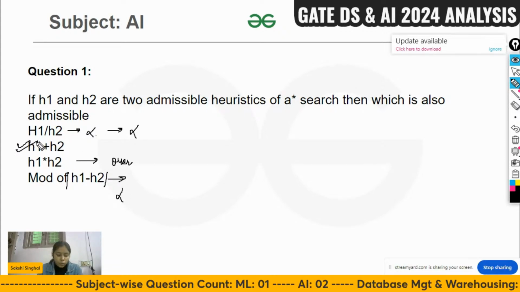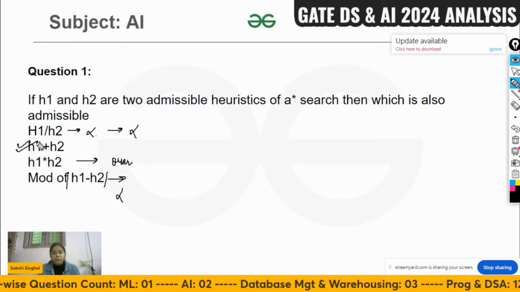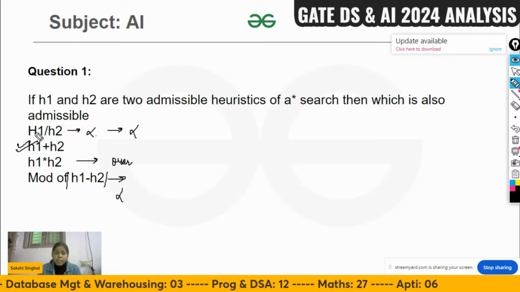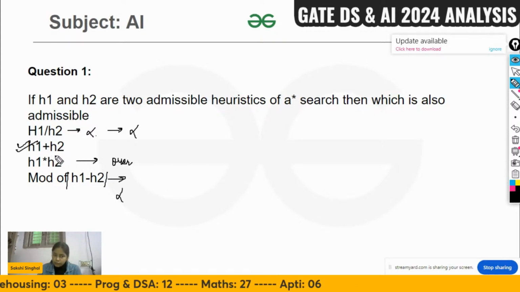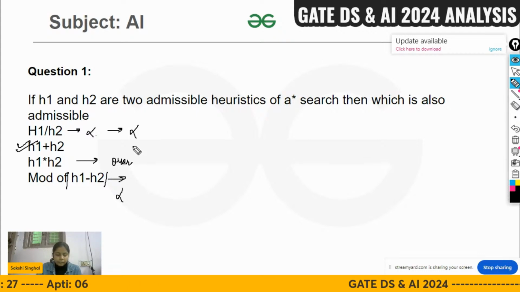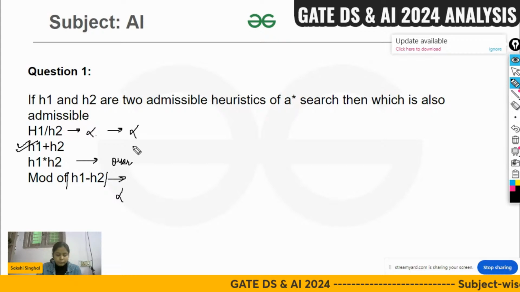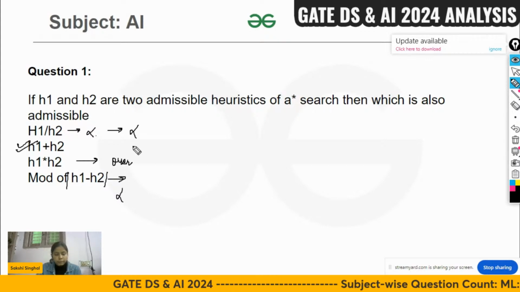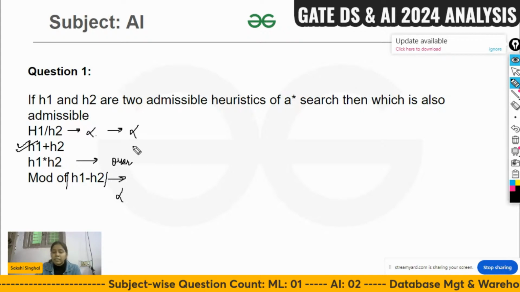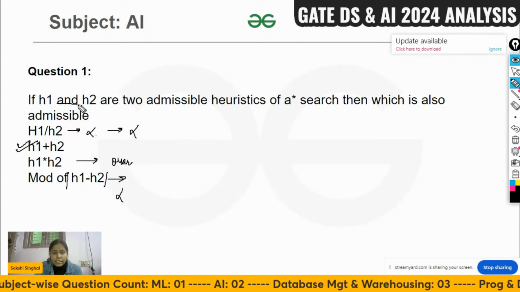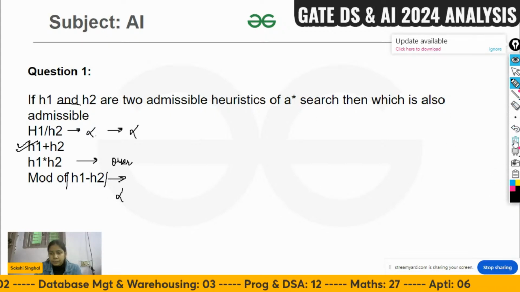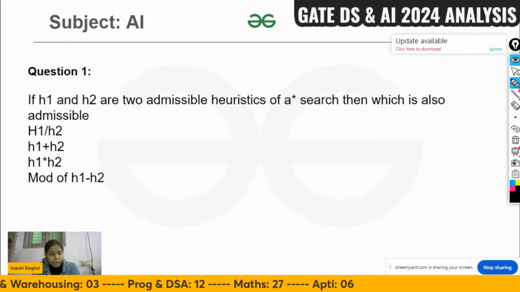So h1 plus h2 would be the admissible heuristic function, because if both underestimate, the sum would preserve admissibility. If both are admissible, then their sum is also admissible. And in this case, they are saying that both are admissible, so their sum is also admissible, right? So this is a question from AI.